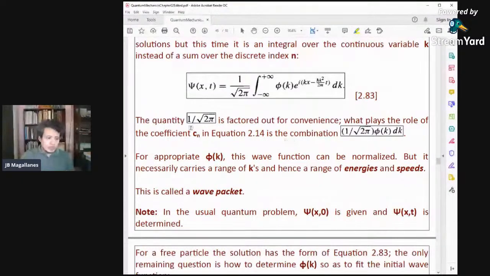So what's the difference between free particle, harmonic oscillator, and infinite square well?